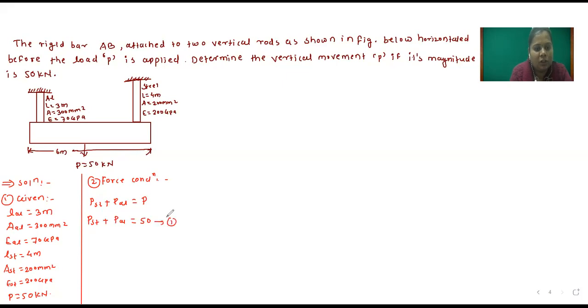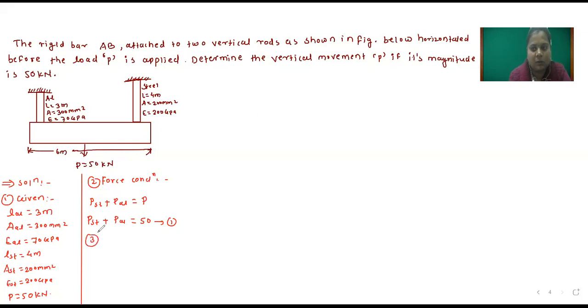This is equation 1. Then next we will apply the displacement condition.